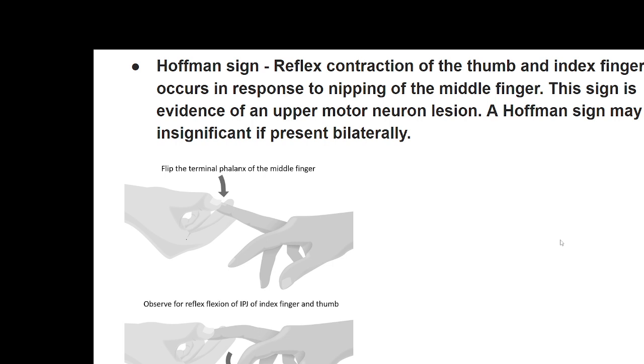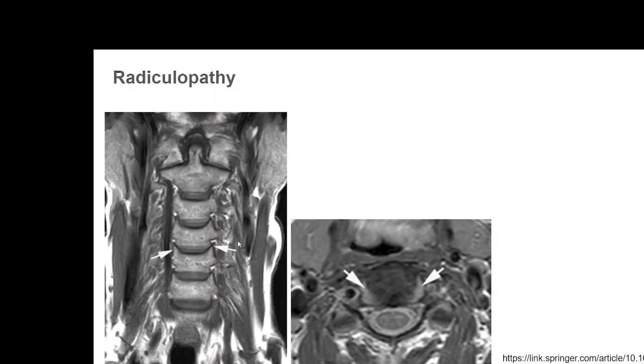Another sign which is usually done is the Hoffman sign, where if you nip the middle finger, the other fingers will be flexed, which is also a sign of compression of the cervical nerve roots, and it's also usually seen in brachial neuralgia. That part we will see later. The confirmation of the diagnosis is done better by MRI images.